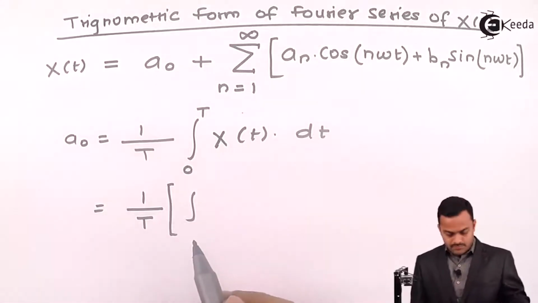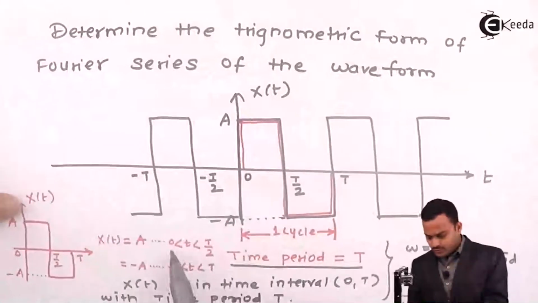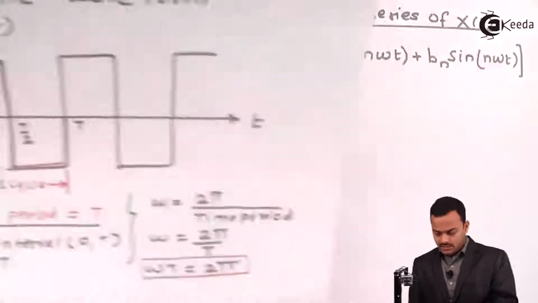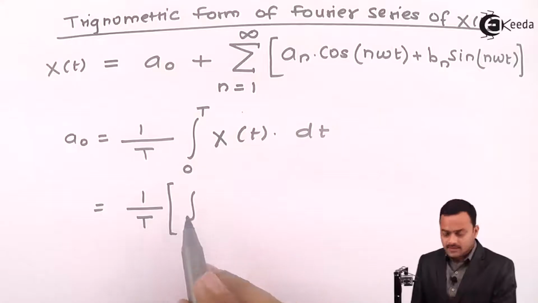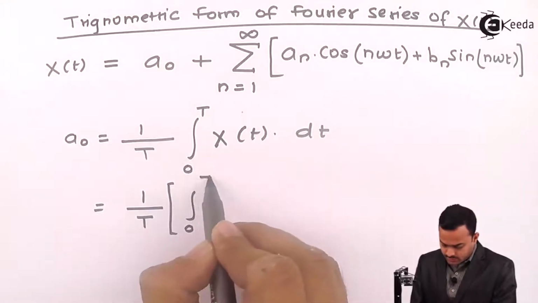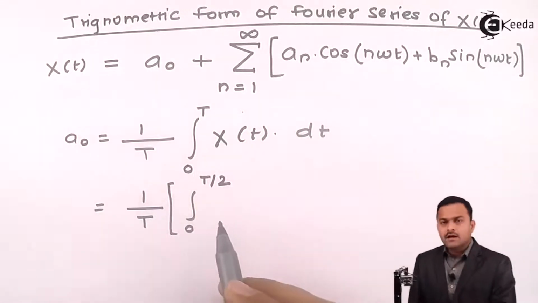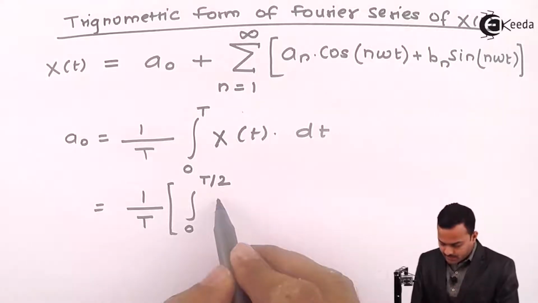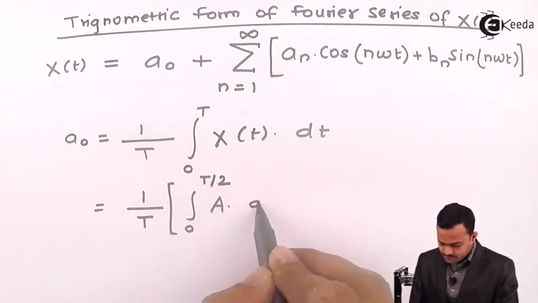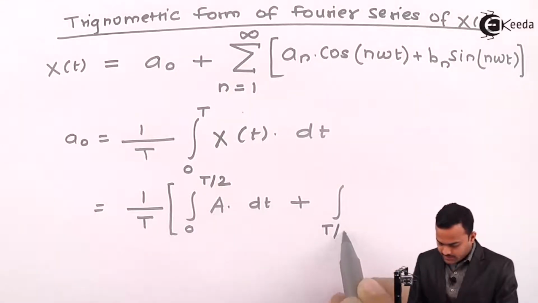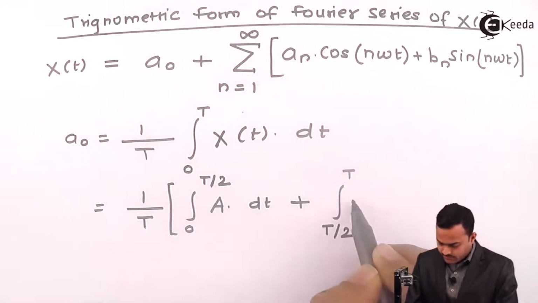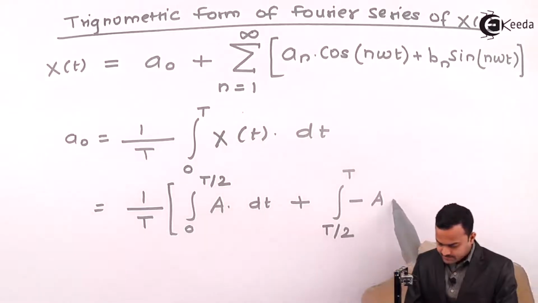Since the waveform is defined in two intervals, 0 to T by 2 and T by 2 to T, I will write this as 1 by T in brackets: 0 to T by 2 is the first interval, and in that interval the waveform has a value capital A, and in the remaining interval T by 2 to T, the waveform has a value minus A.